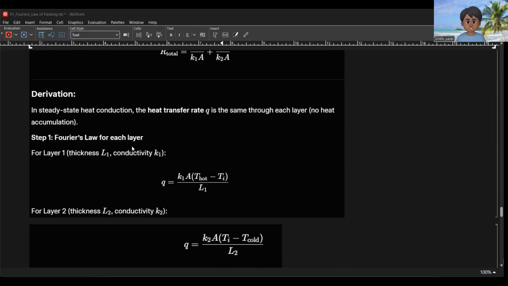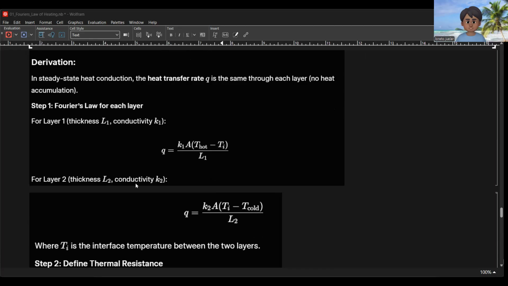So Fourier's law for each layer: for layer 1, thickness L sub 1, conductivity K sub 1 times the area, times the hot temperature minus the temperature in between, over L sub 1.